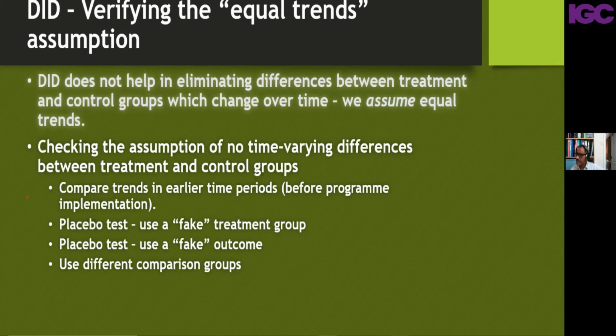So the main point to note here is that difference in difference estimates can be quite powerful, but you need the assumption that the two groups have no time varying differences, whether those are of observed characteristics or of unobserved characteristics.